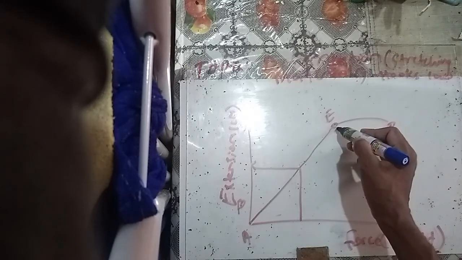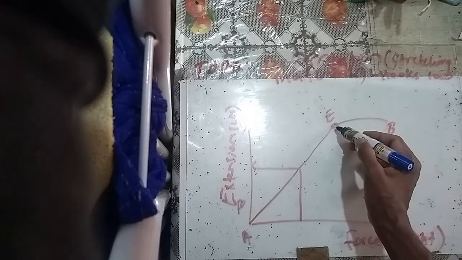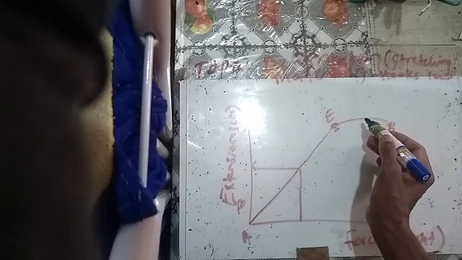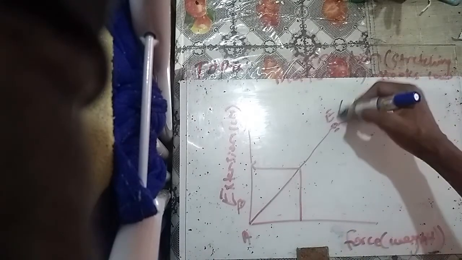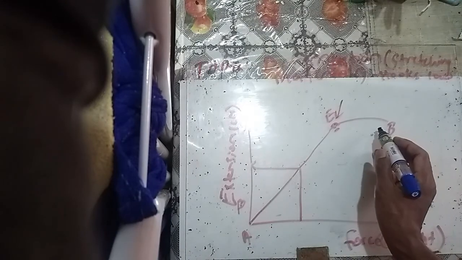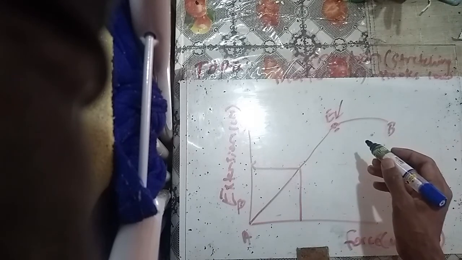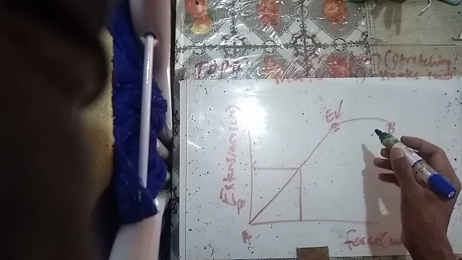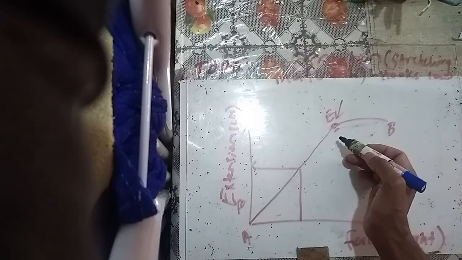Right there, right at E, the curvature comes upon the graph. And when the Hooke's law graph starts to move from a straight line to a curve, anywhere that curve begins, that is where the elastic limit is. So anywhere along this line, if the stretching is continued from E anywhere to B, permanent stretching is the result.